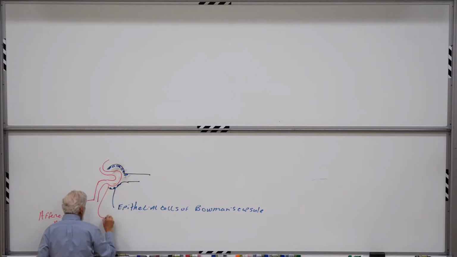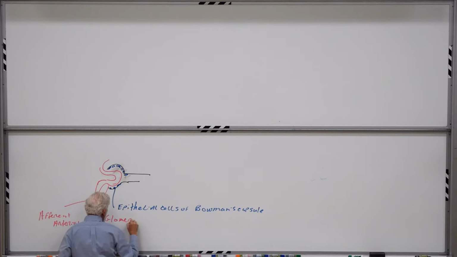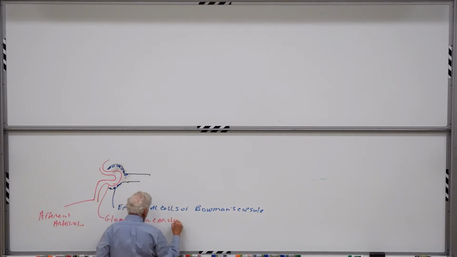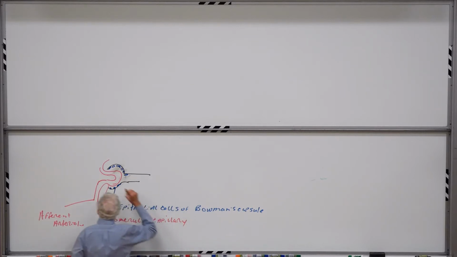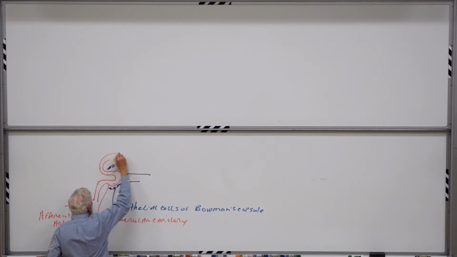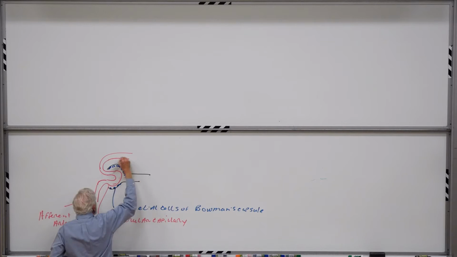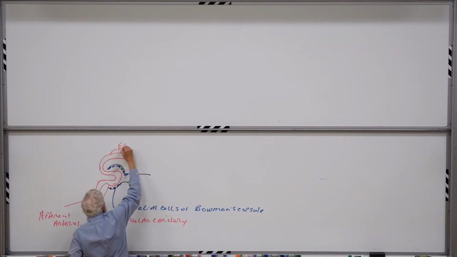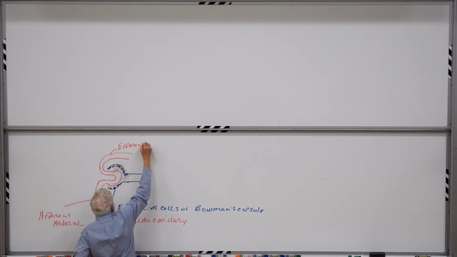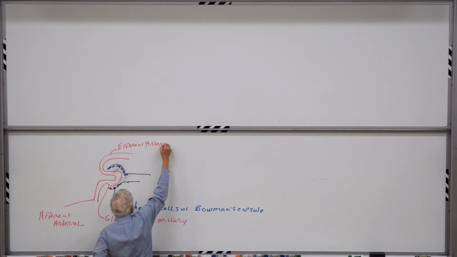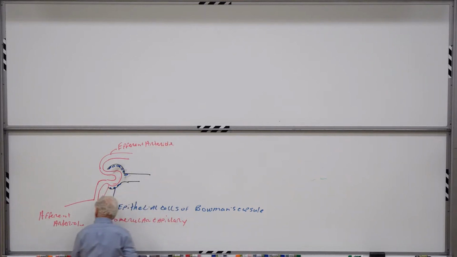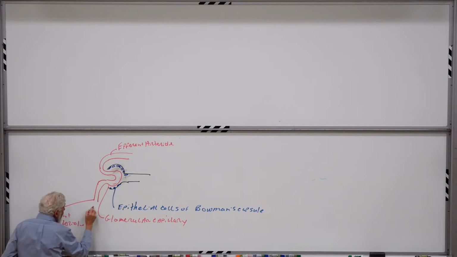So this is the glomerular capillary. And this structure up here is meant to represent the efferent arteriole. So blood flow through this thing is in this direction.